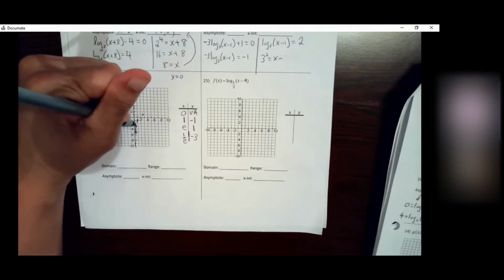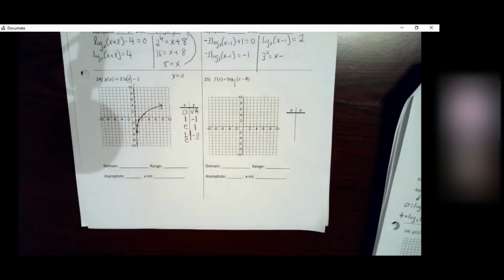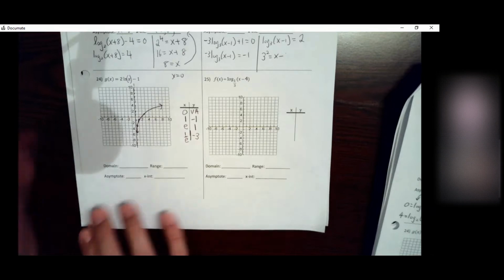So then our domain is 0, infinity. Range is -infinity, infinity.